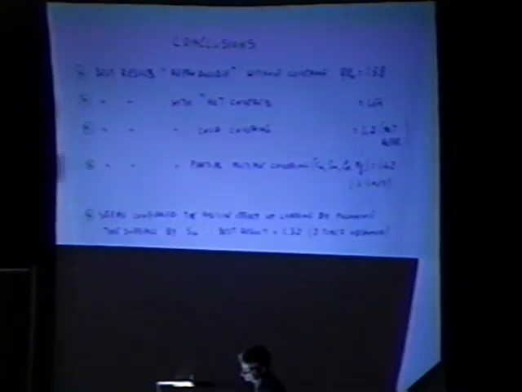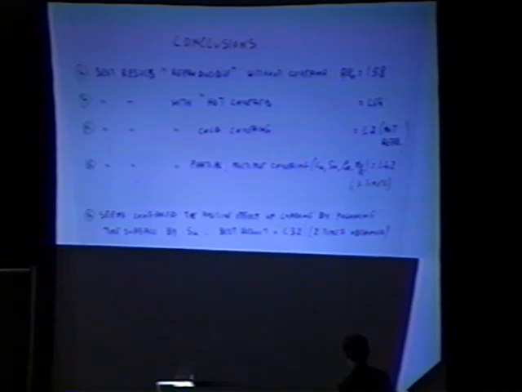Conclusion. The best reproducible result with the covering in nitrogen is 1.58, with hot covering 1.64, with cold covering 1.2, but just one time.